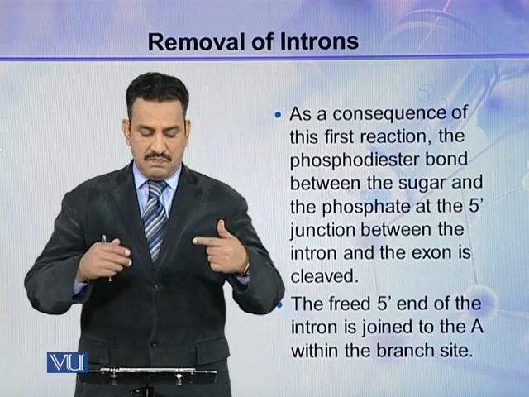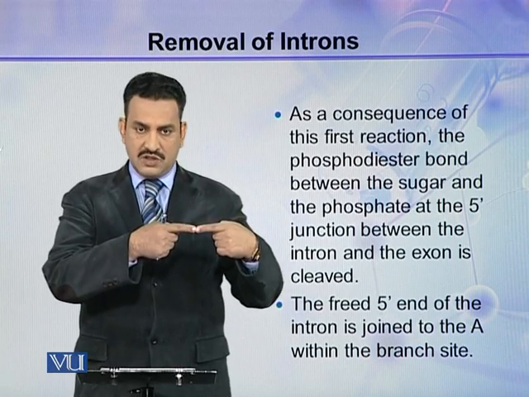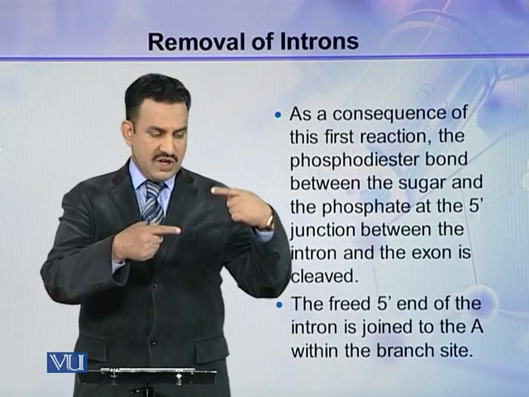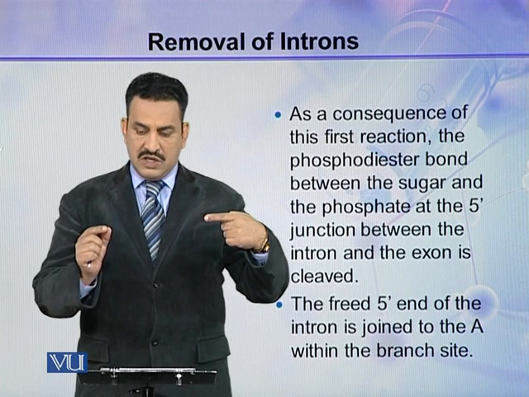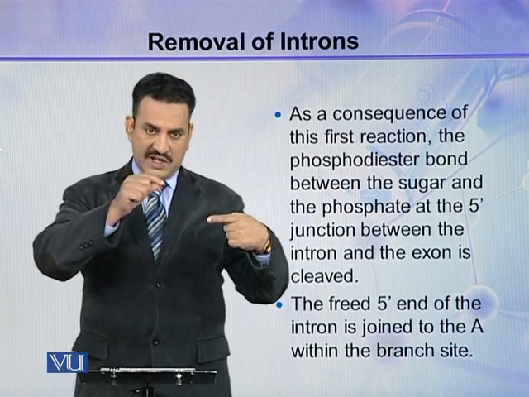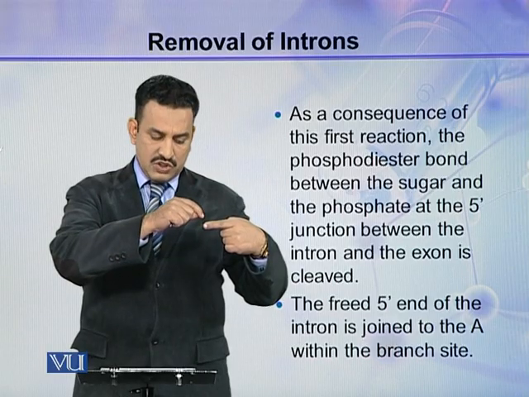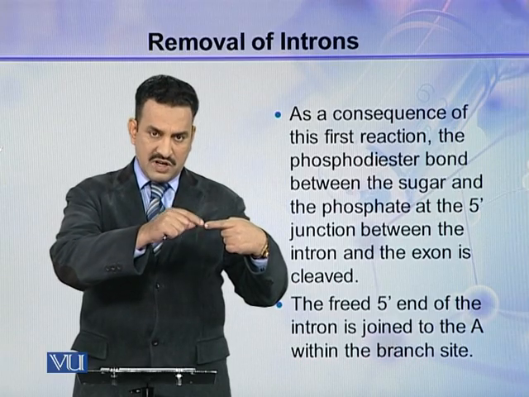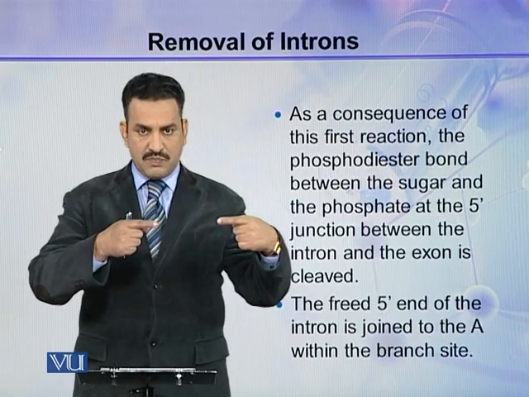So at the 5' splice site, the intron and exon are joined, but when the 2' OH attacks this phosphodiester linkage, this phosphodiester linkage is broken and these exons and introns get separated.